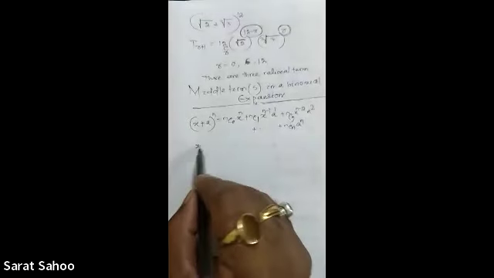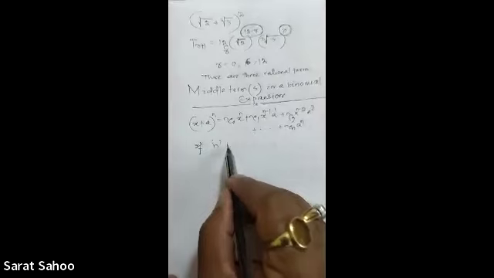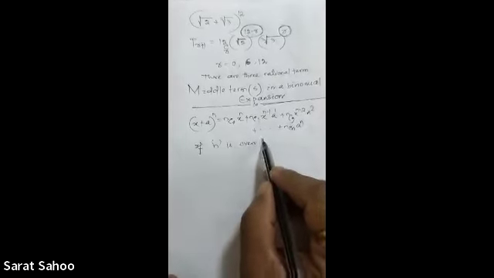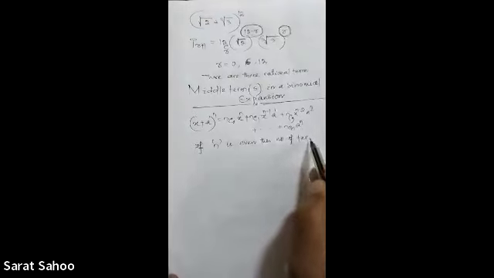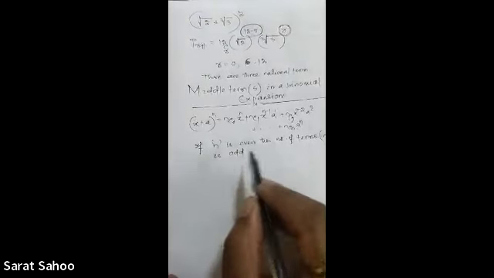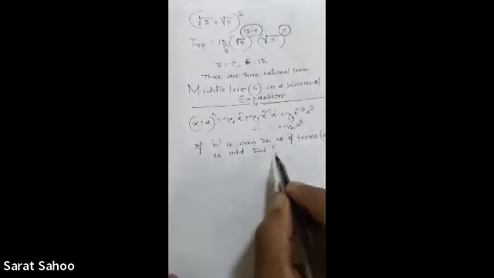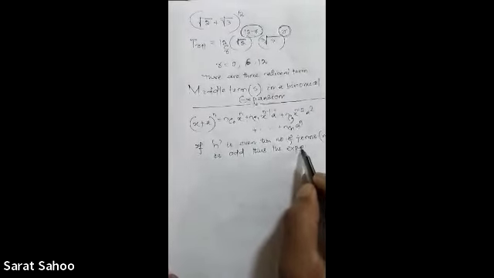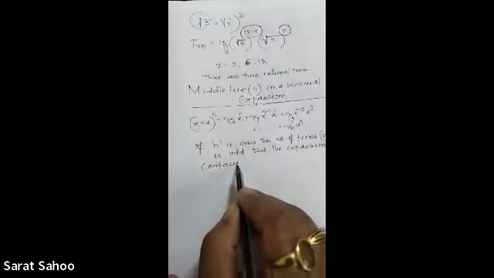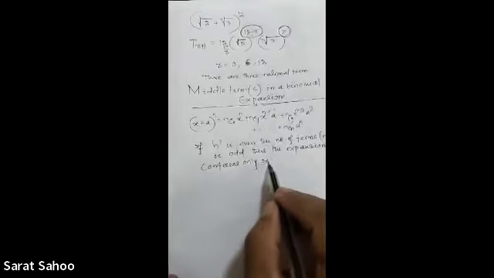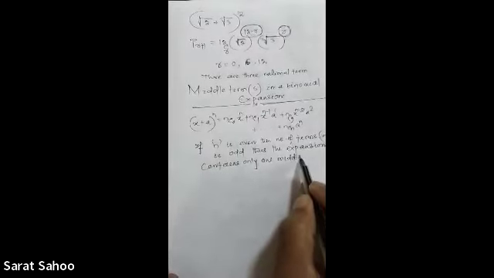If n is even, then the number of terms, n plus 1, is odd.